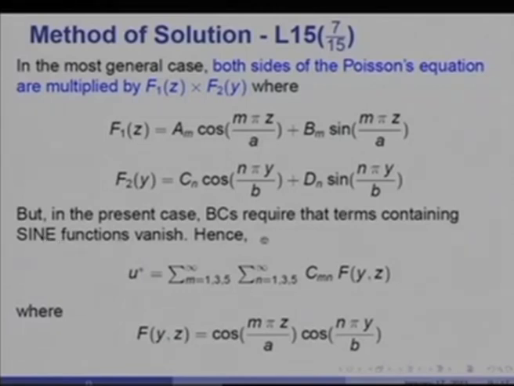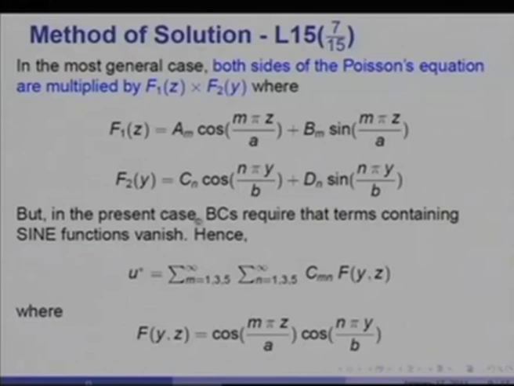On the wall, the velocity being 0, you will see that sin(m pi by 2) would be finite, and that would make f1 finite at the wall, which we do not want, and therefore, the sine terms must be 0, only the cos terms survive.